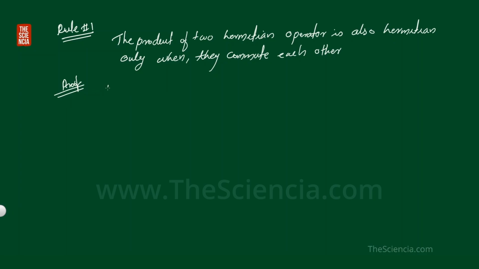Let us consider A and B are two Hermitian operators. That means if we take the dagger of A, we will get A, and if we take the dagger of the B operator, we will get the B operator.